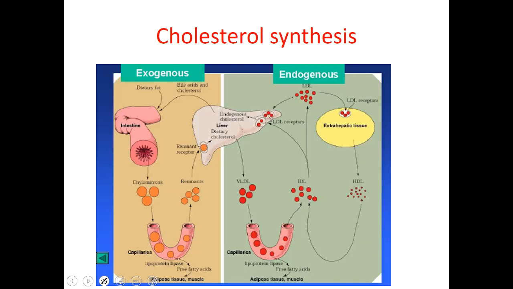Statins mostly affect the cholesterol synthesis. If you see the cholesterol that we have in the body, we obtain it from exogenous source from the dietary fat that gets absorbed from the intestine and then to the chylomicron into the circulation, and then it is utilized for various lipoprotein synthesis.